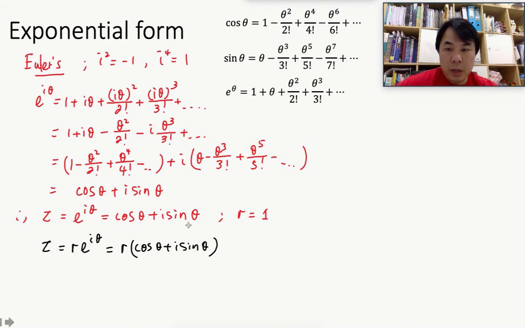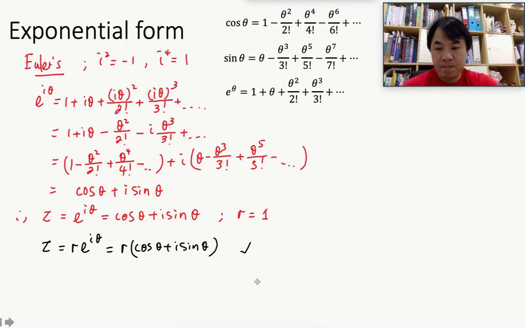From this point onward, we are going to make use of this result to ease our solving of complex numbers in the following sections. So I hope that's clear. We're going to move on to the next section.